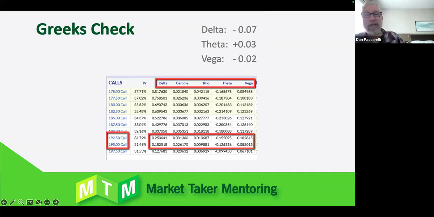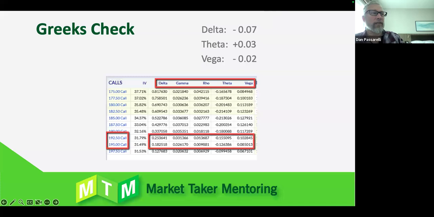And then I'm buying the 195 calls, so I'm getting long about 18 deltas. So 25 minus 18 is 7 deltas on this spread.